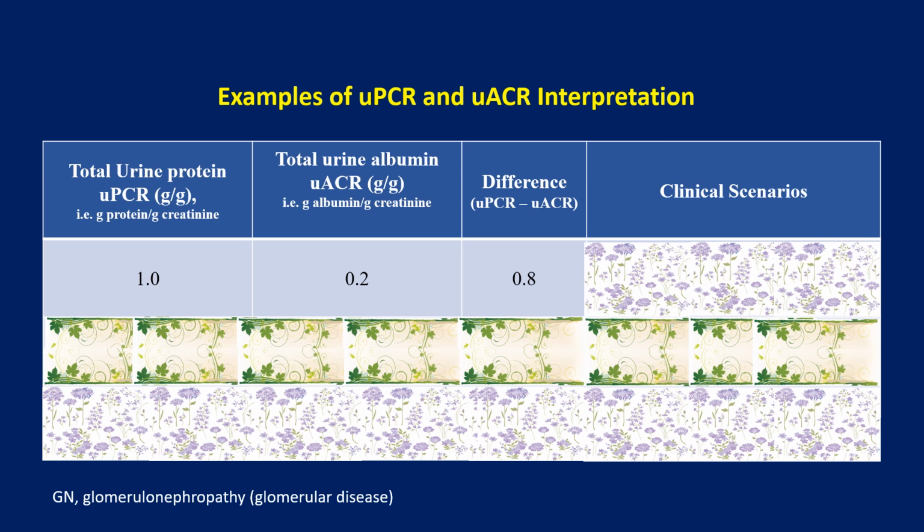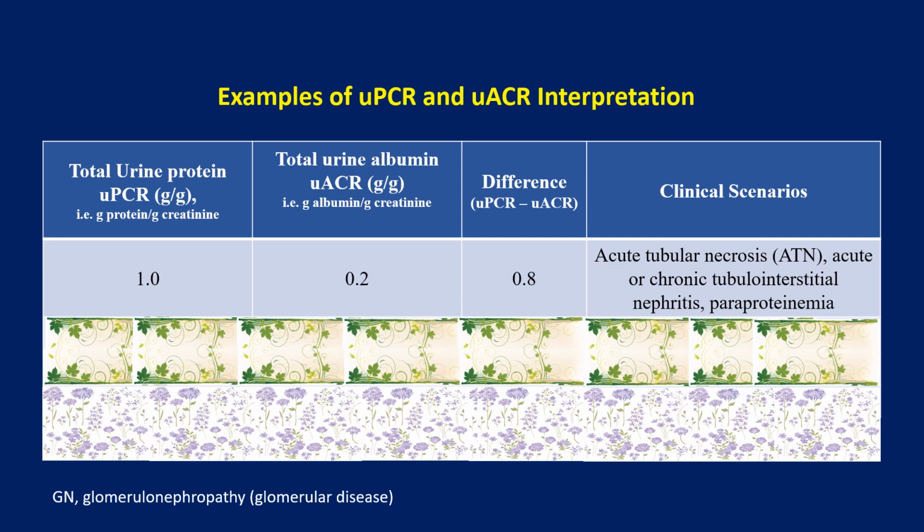The total proteinuria, therefore, likely comes from a tubular injury, such as acute tubular necrosis, or tubulointerstitial injury, such as acute or chronic tubulointerstitial nephritis. Paraproteinemia is possible. Clinical correlation is required to see which is the most likely diagnosis.